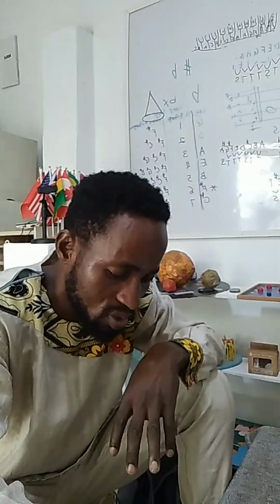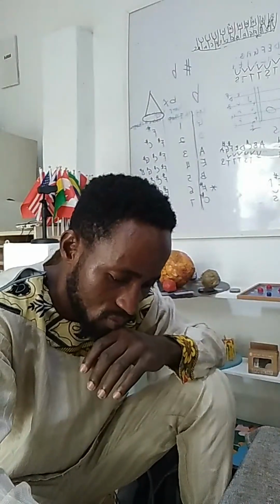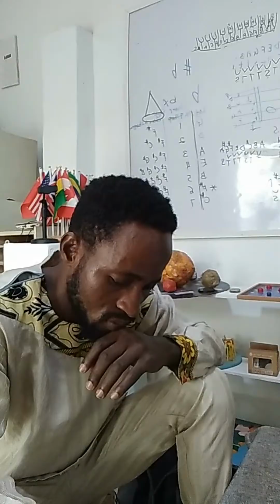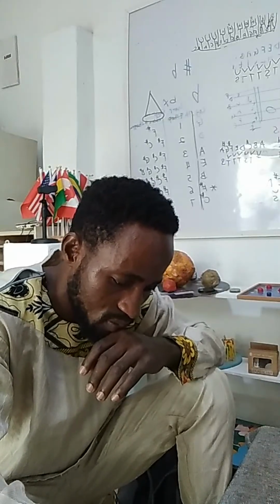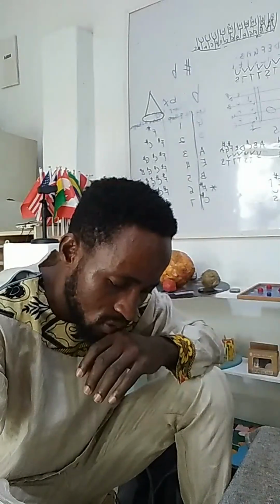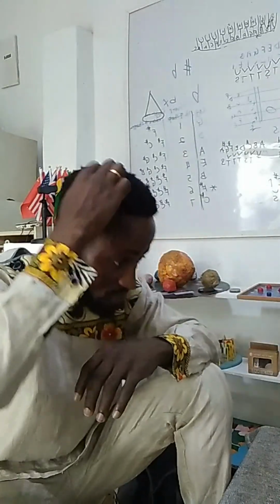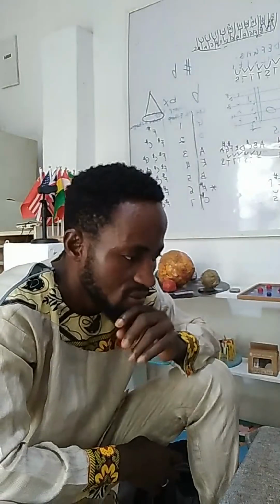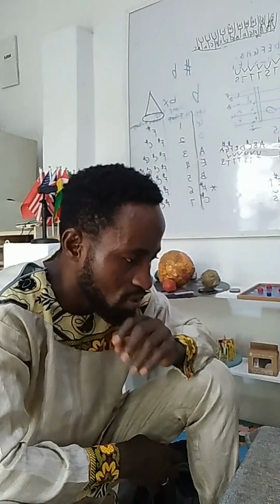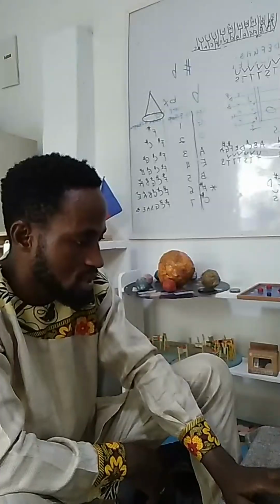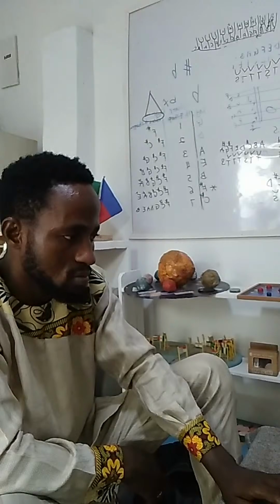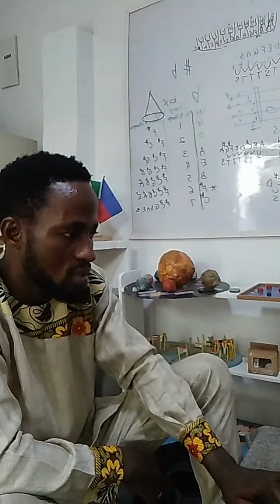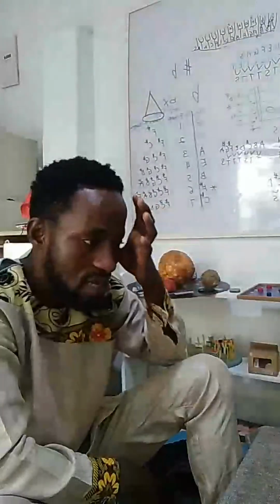Then another one is triangular box. The fourth one is large hexagonal box.